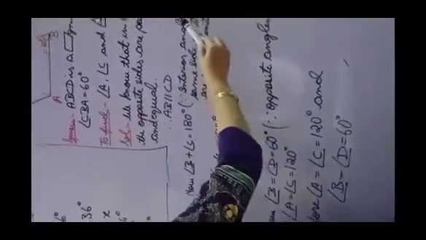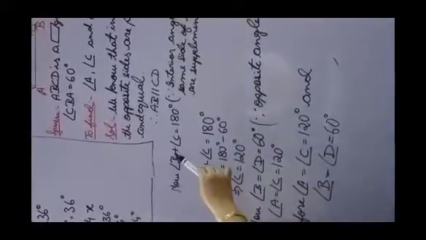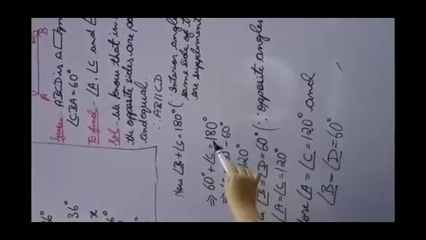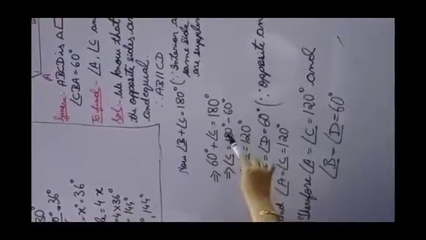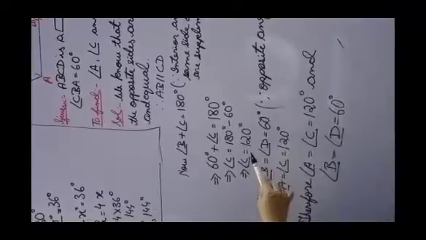Because interior angles on the same side of a transversal are supplementary. You have already studied this property. I have explained it in the previous 2 exercises. So angle B is already given as 60 degrees. 60 degrees plus angle C is equal to 180 degrees. So angle C is equal to 180 degrees minus 60, that is equal to 120 degrees.